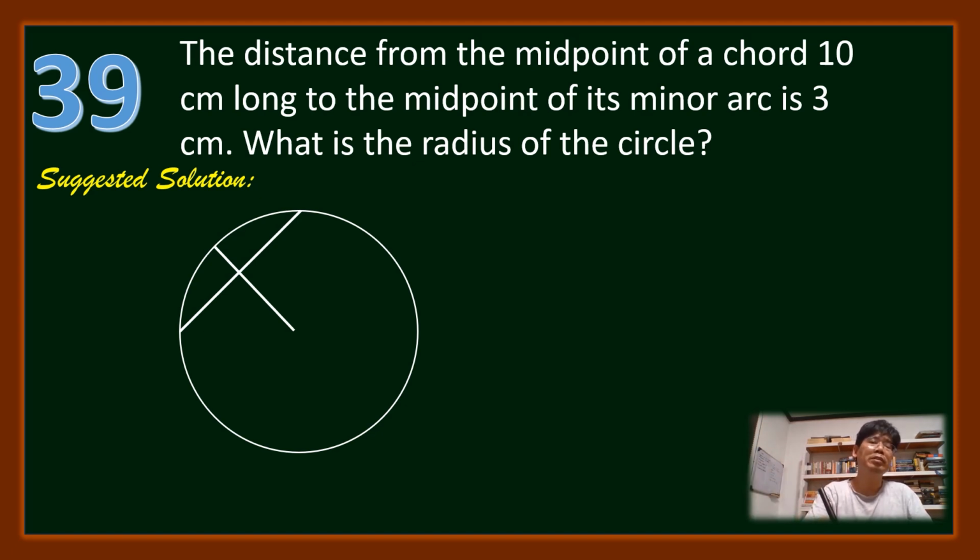That means the arc is bisected into two congruent arcs. And that distance is 3 centimeters. Also, the chord must be divided into two equal parts. Then one part is 5 centimeters.